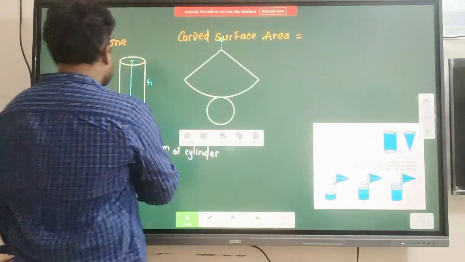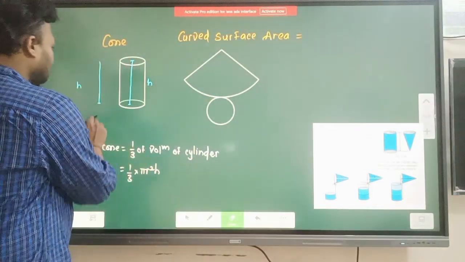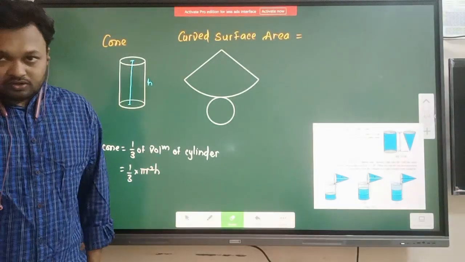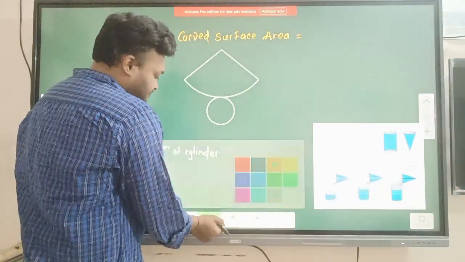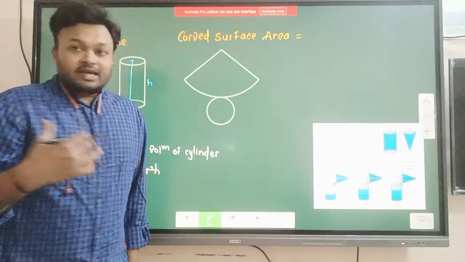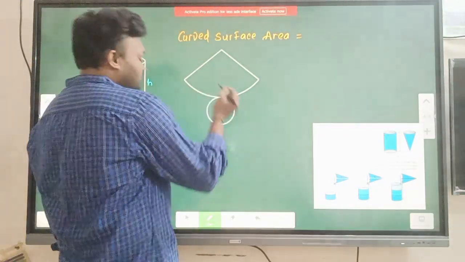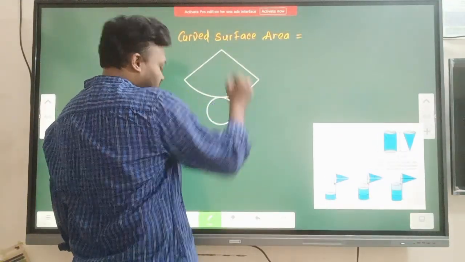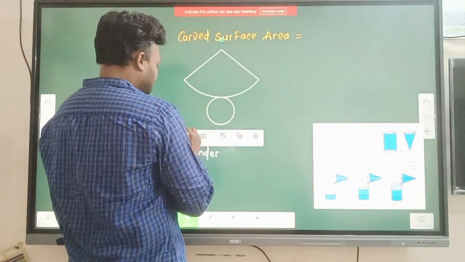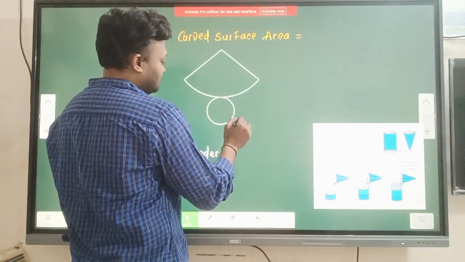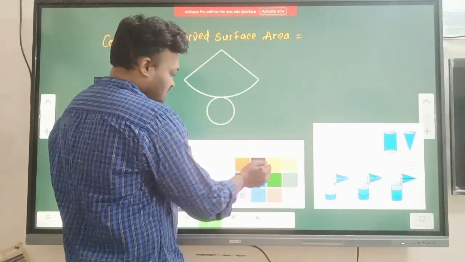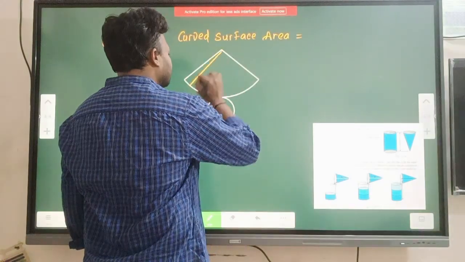So this is the expansion of a cone. Okay. Now see, for our calculation purpose, I am going to convert this cone into very small parts, like this.